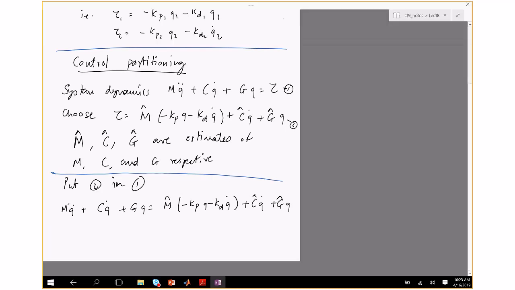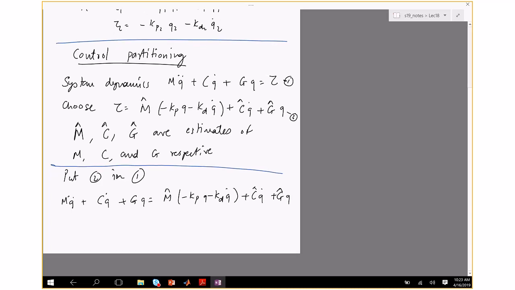So what you can do is take these terms to the left side, and also this one to the left side, and you get (C minus C hat) q dot plus (G minus G hat) q plus M q double dot.